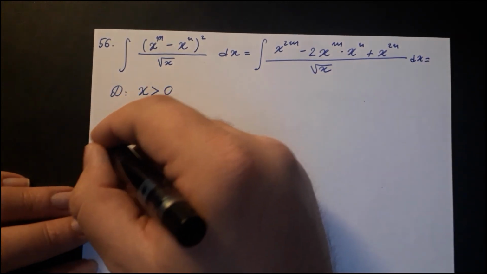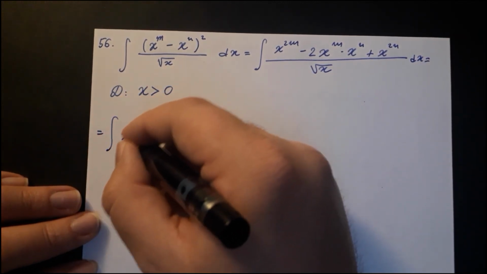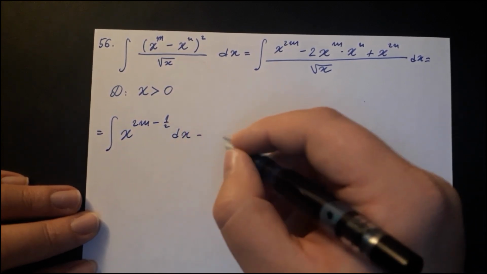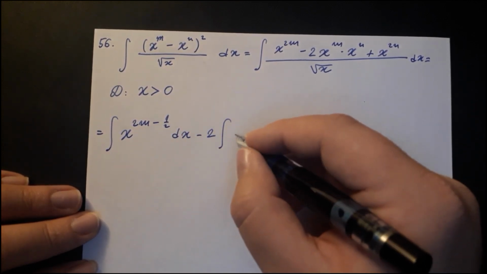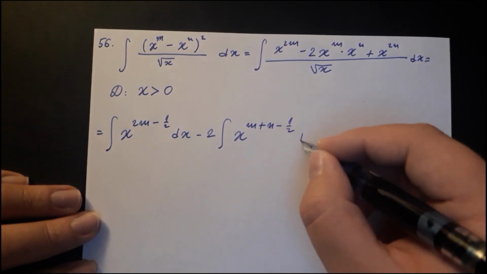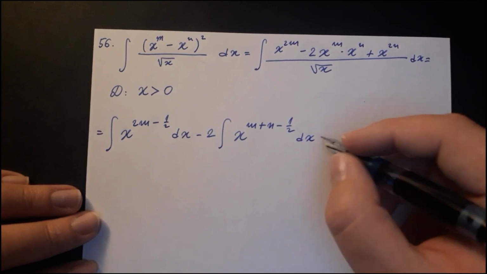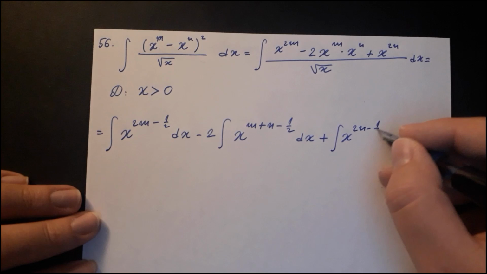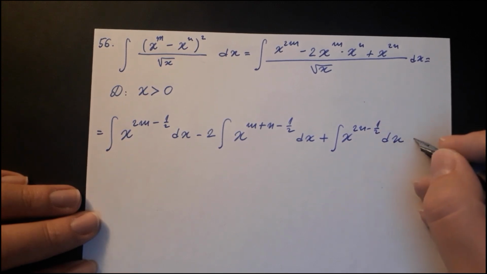This is then equal to an integral of x to the power 2m minus 1/2 dx minus 2 integrals of x to the power m plus n minus 1/2 dx plus an integral of x to the power 2n minus 1/2 dx.